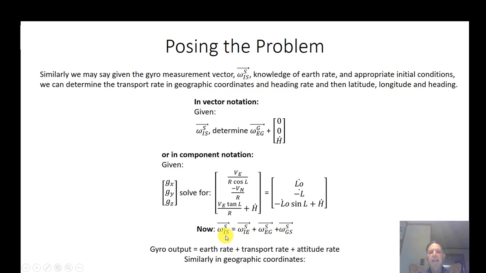So we could say that the gyros measure angular rate with respect to inertial space, and that equals the sum vectorially of ECEF with respect to inertial space, geographic with respect to ECEF, and the sensor with respect to geographic. That is again the expression: the gyro output equals earth rate plus transport rate plus attitude rate. And now we'll express that in geographic coordinates.